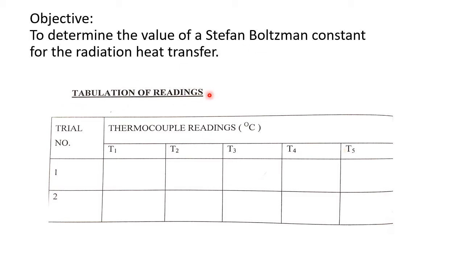So this is the tabular column. These are the thermocouple readings we are going to note down, that is T1, T2 and T3. These temperatures read the hemispherical surface temperature, where T4 indicates the specimen temperature and T5 indicates the heater temperature.